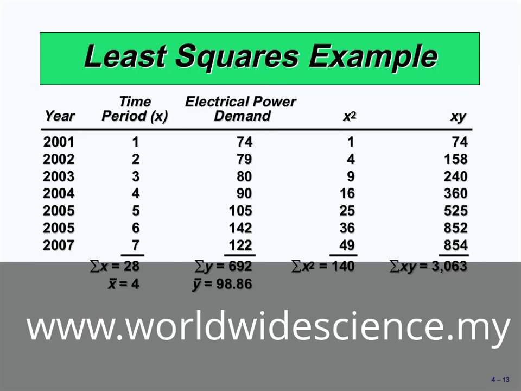Multiply 3 and 80, gives you 240. And if you do the same to the end, you can calculate the xy for each year.